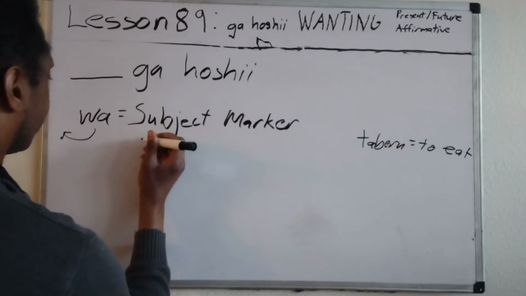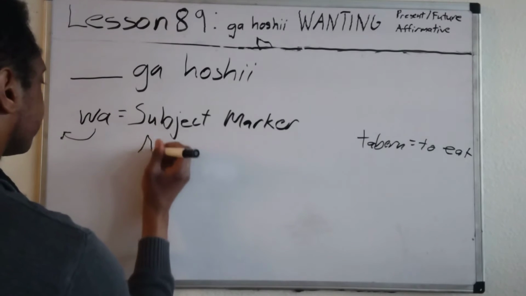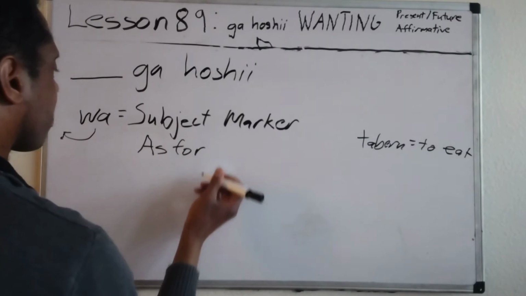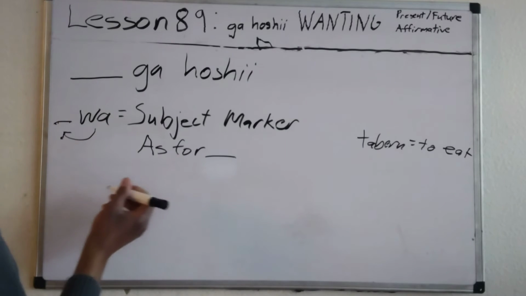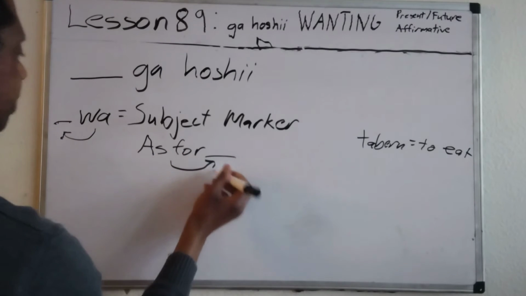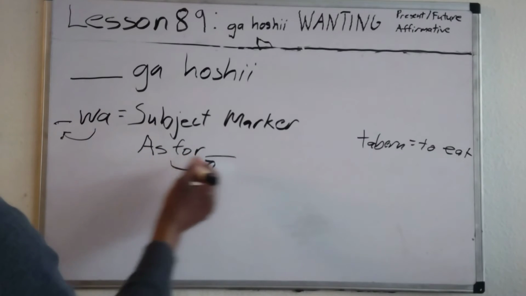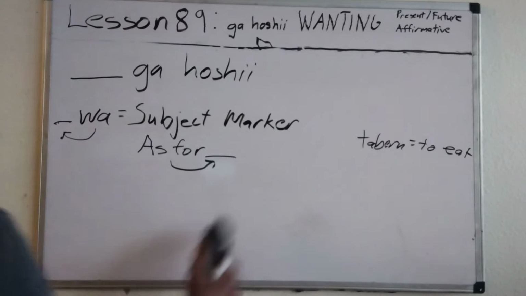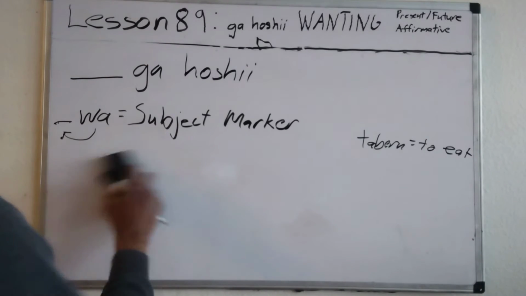For example, a lot of times people say it's translated as for blank, as for this blank, it's pointing to there. This is wa, as for blank. But that itself is perhaps a little difficult to explain.